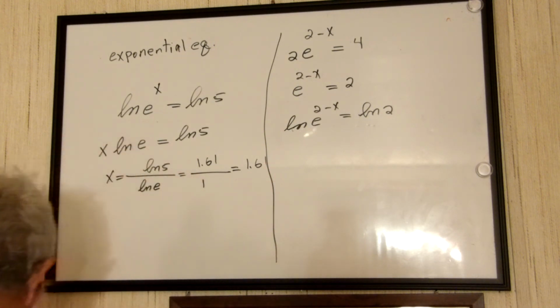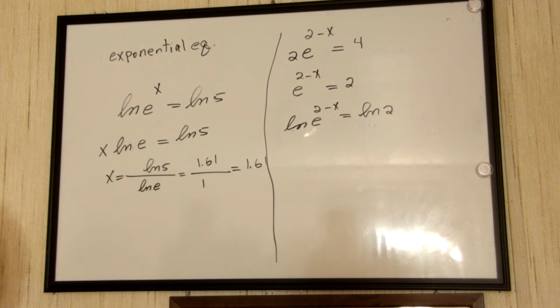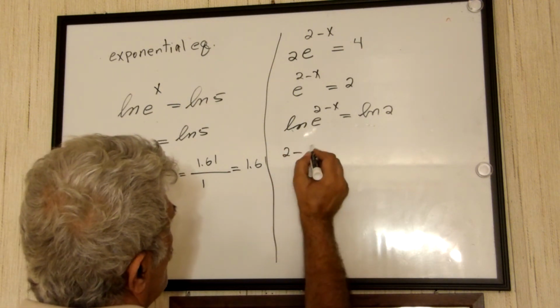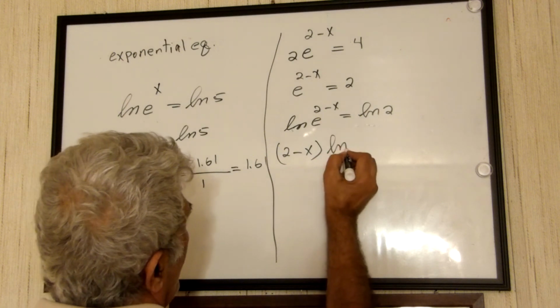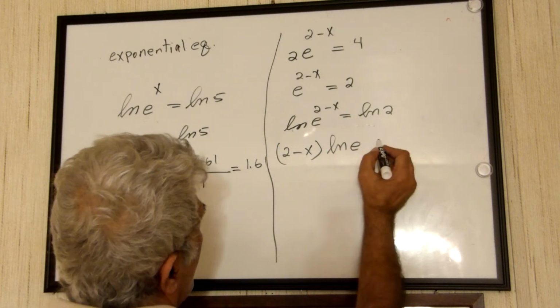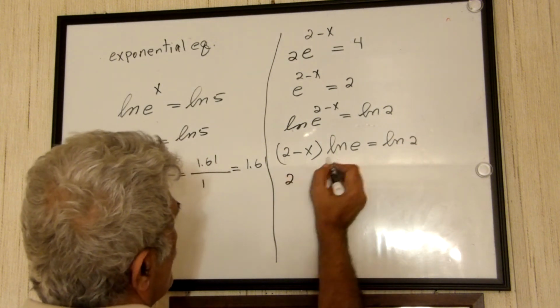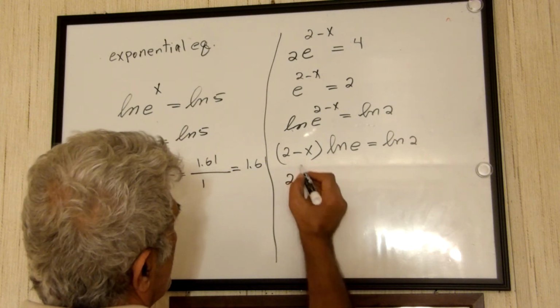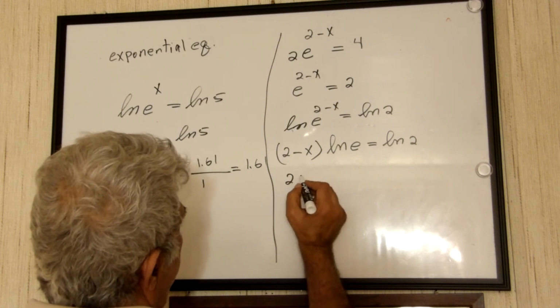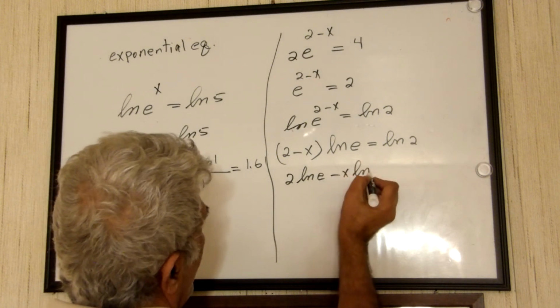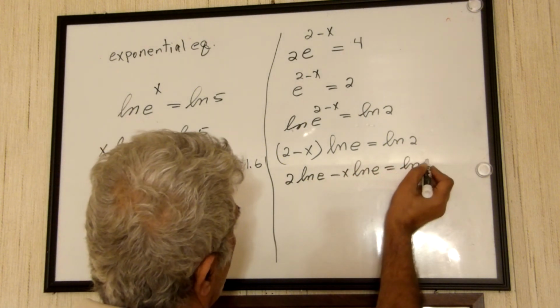To find the value for x, we can write it like this: (2 minus x) times ln e is equal to ln 2. Distributing, we multiply this by this, so it is 2 ln e minus x ln e is equal to ln 2.